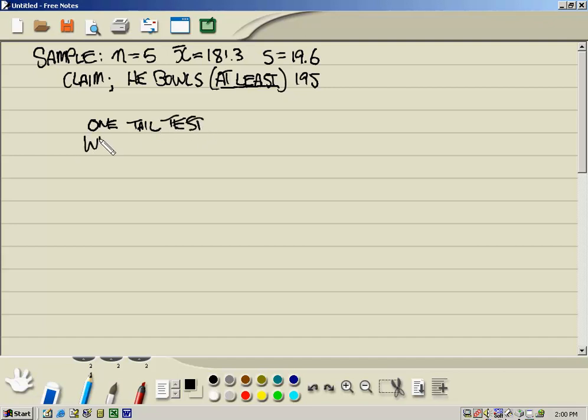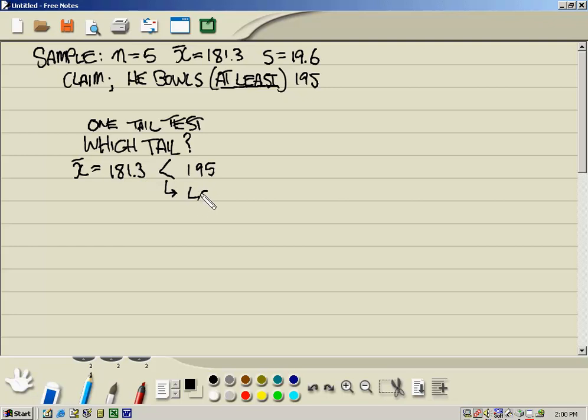So again, our first question is, which tail? We get our sample data, X bar, the 181.3, and we're going to compare it to the fixed value in the claim, 195. 181.3 is less than 195, and so our t-calc is going to be negative, since it's going to be 181.3 minus 195, and that's a negative number.